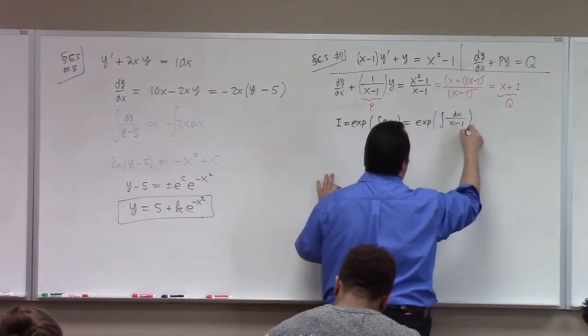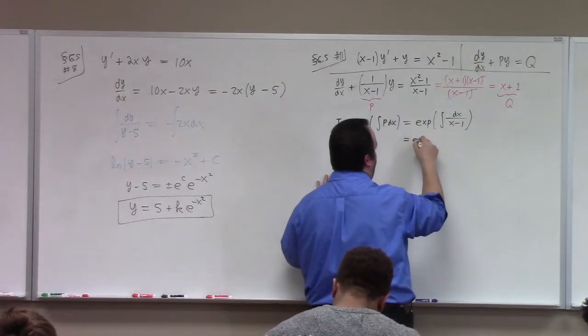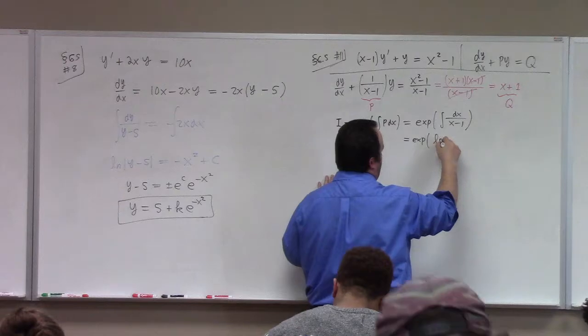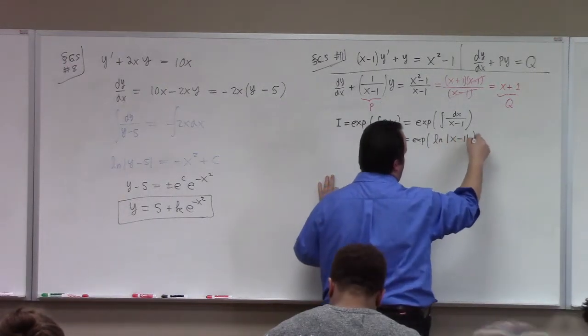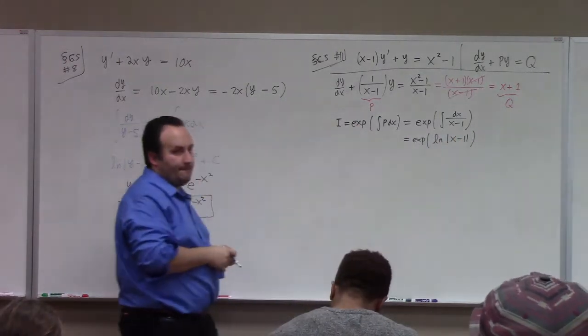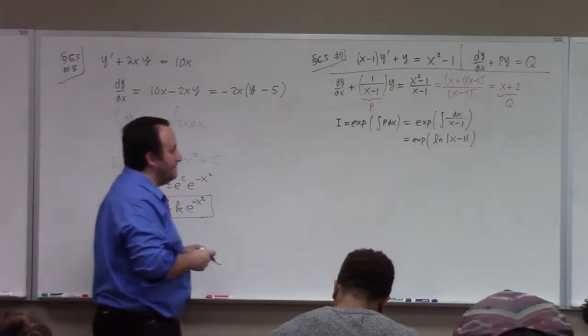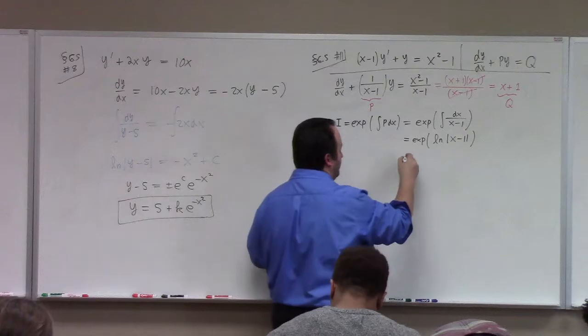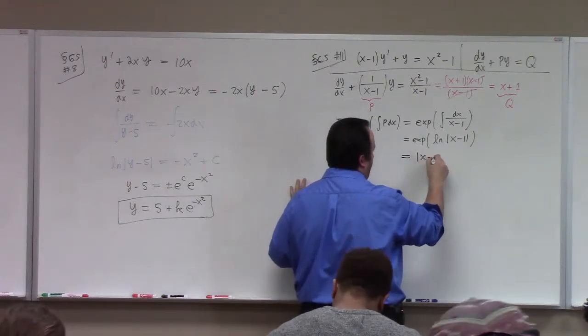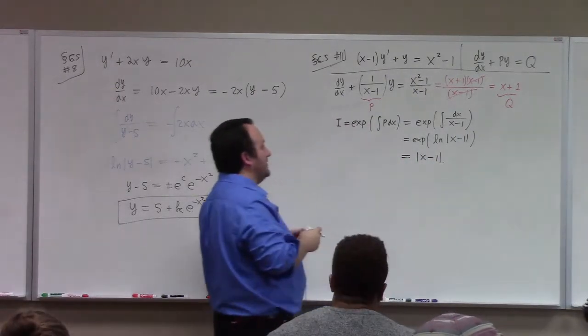What's that? Natural log of the absolute value of x minus 1, right? Which is going to give me what? Just the absolute value of x minus 1.